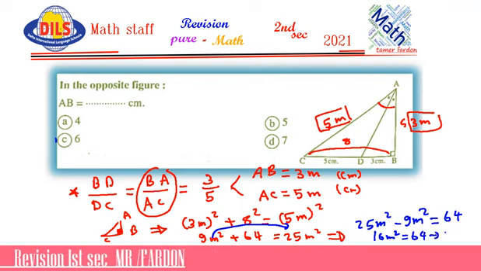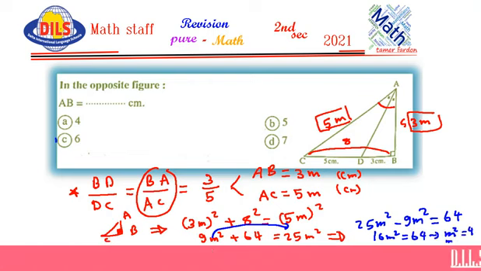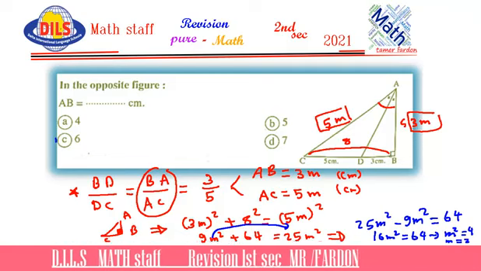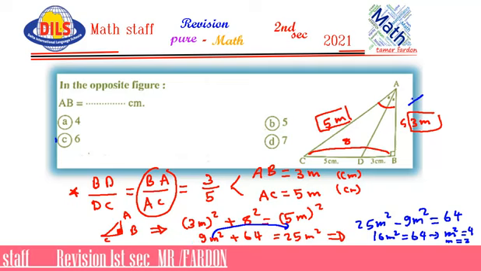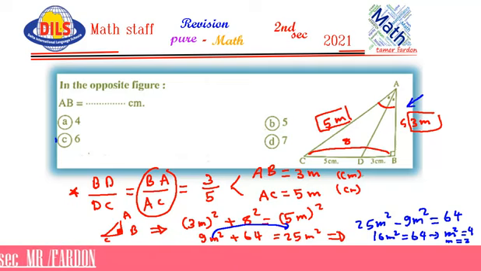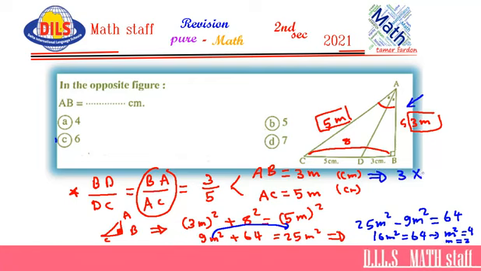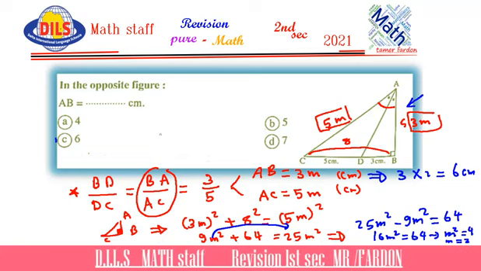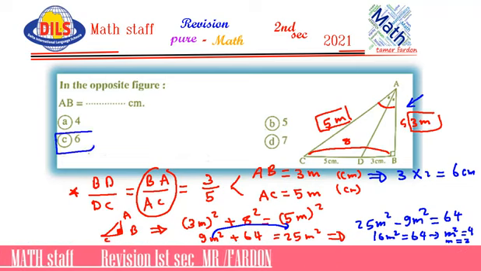So m power 2 equals 4 and m equals positive or negative 2. Take m equals 2. So AB equals 3m, equals 3 times 2, we get 6 centimeters. Then the length of AB is 6 centimeters.